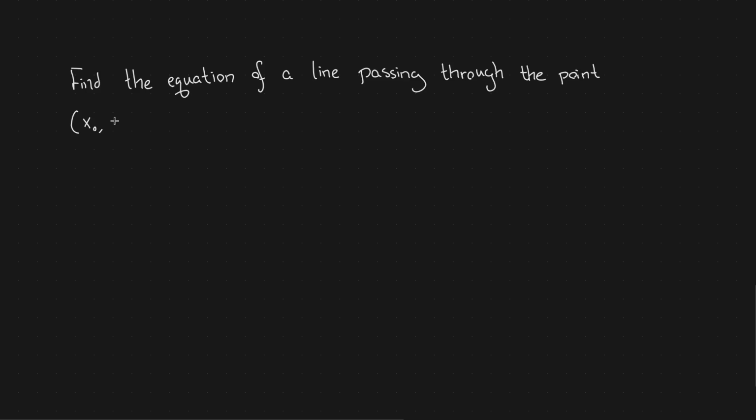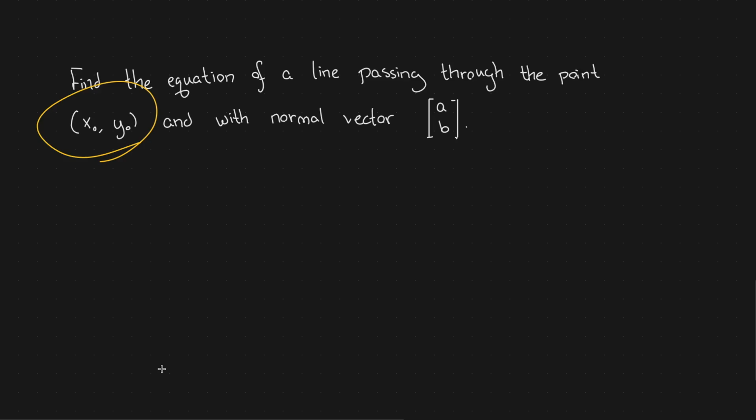So let's find the equation of a line passing through the point x naught, y naught, and with normal vector A, B. Okay, so here it's very similar to what we've been doing, but now the line is passing through a point that is not necessarily the origin.